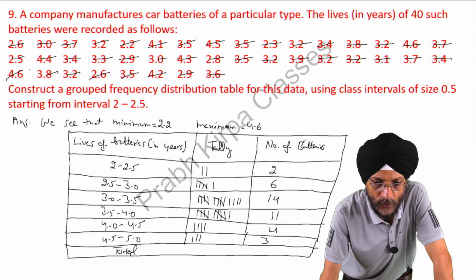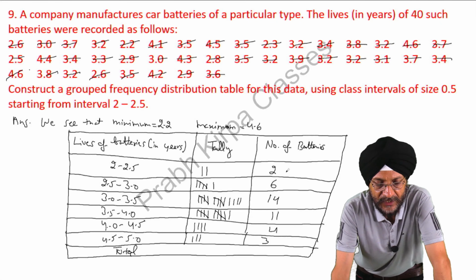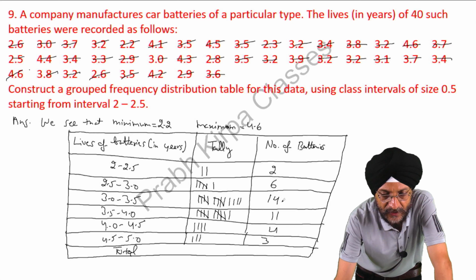So now we will count the total number of batteries which we have recorded in this data: 2, 6, 8, 22, 33, 37, and 3, 40.